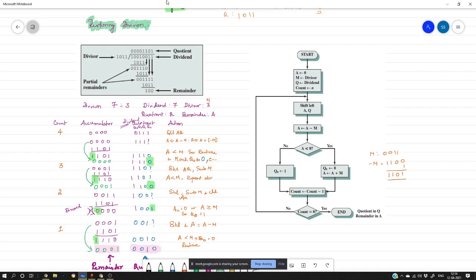If you have 368 divided by 13, you first take the first digit of the dividend and check whether it is greater than 13. If it is greater, we proceed with dividing. If it is not, you make the quotient digit 0 and take the next digit in the dividend.